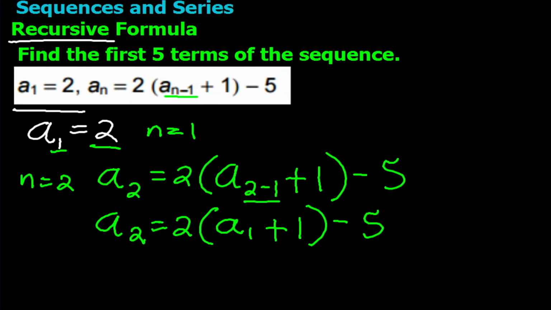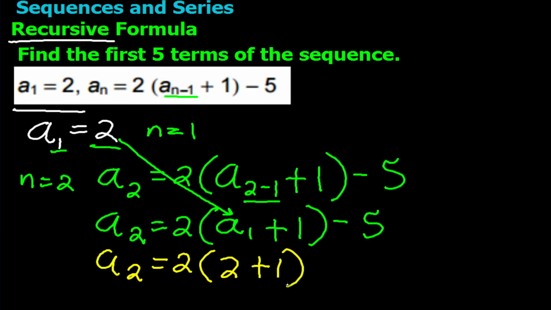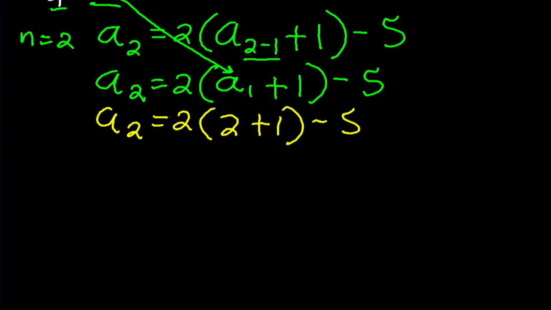All right, now I make the substitution. I'm going to take this value and put it in here for a sub 1. So a sub 2 now is going to be equal to 2 times a sub 1, which remember is 2, plus 1, subtract 5. And then we're going to finish this out.